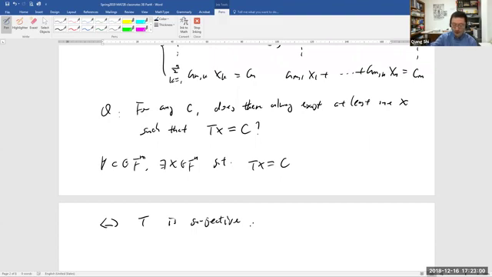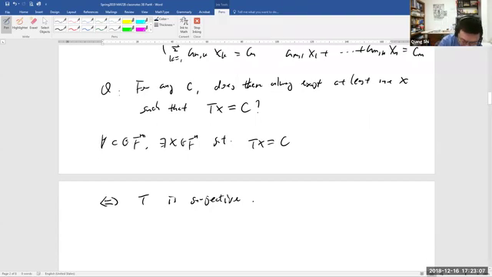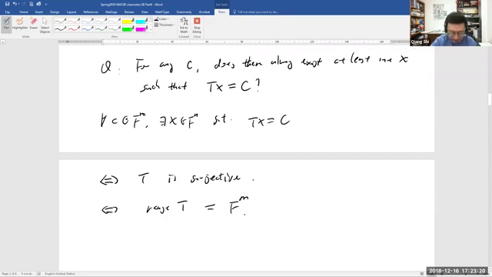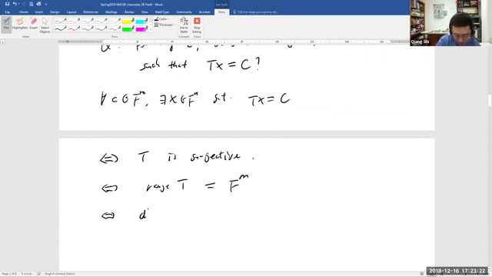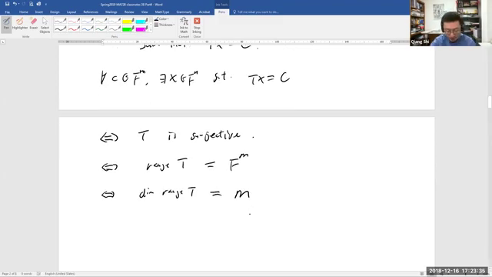So you let x run through the entire Fn, and then you're going to get everything in Fm. So this is an if and only if statement by the definition of T being surjective, and so that means the range of T is equal to the entire Fm. And so that means the dimension of the range T is equal to m. If the dimension is equal to m, then good, every c there, you can find one.